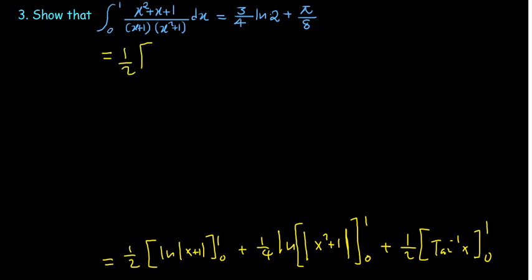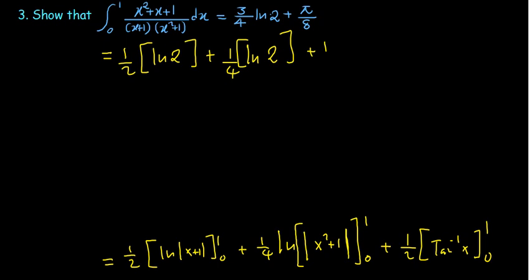I'm going to substitute first the upper limit, which is 1. That will become natural log of 1 plus 1, which is natural log of 2. I was supposed to say minus the natural log of 0, but the natural log of 0 doesn't exist. So plus, we also have 1 over 4 natural log. I'm also putting a 1 here, 1 squared plus 1. That will just be a 2, so we have got natural log of 2.